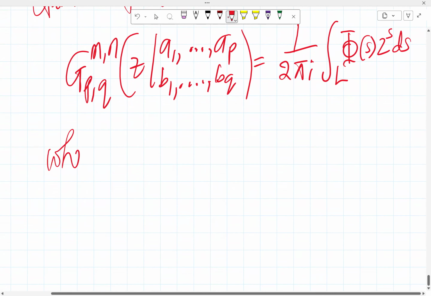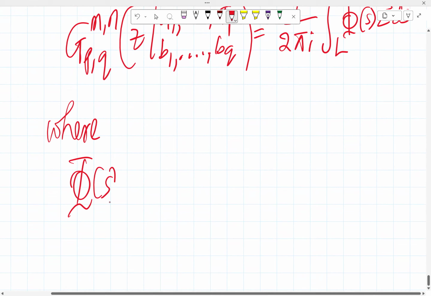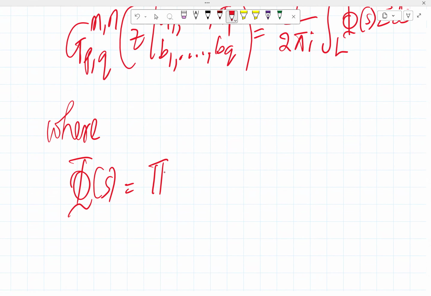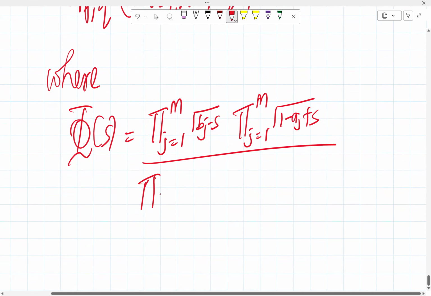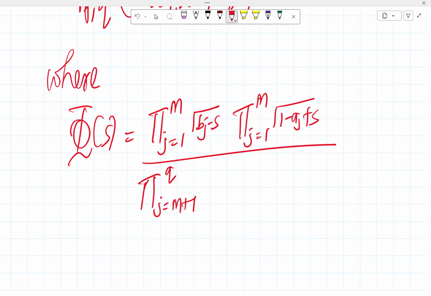Where phi of s is equal to the product from j equals 1 to m of gamma b sub j minus s, then the product from j equals 1 to n of gamma 1 minus a sub j plus s, all over the product from j equals m plus 1 to q of gamma 1 minus b sub j plus s, then the product from j equals n plus 1 to p.